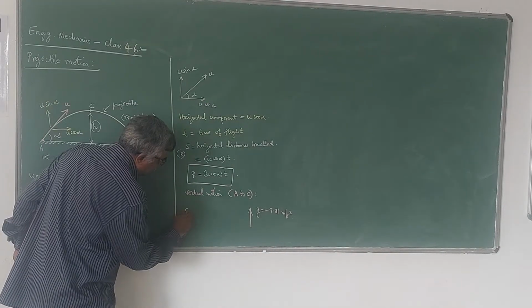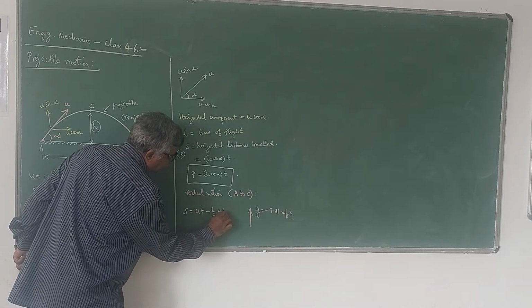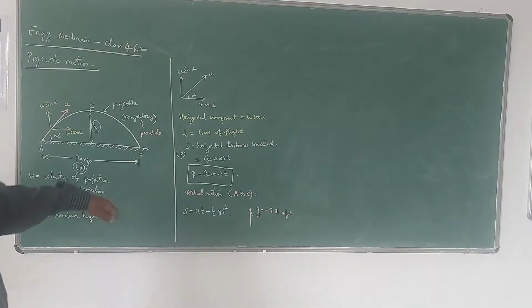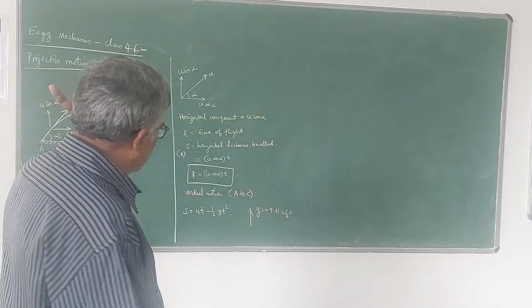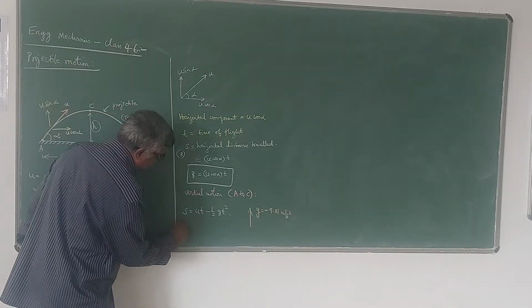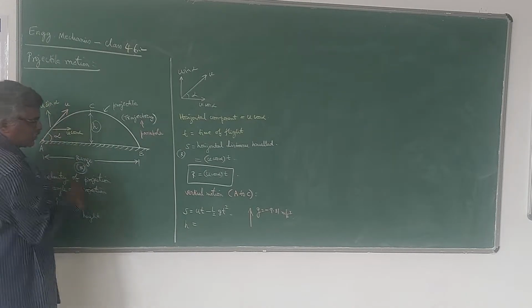So s is equal to ut minus half g t square. This is the equation we have to use, with minus because it is thrown vertically upwards against gravity. Now in this case, s is nothing but h. So please note that s is equal to h for the vertical motion.